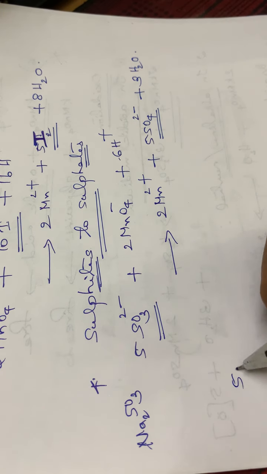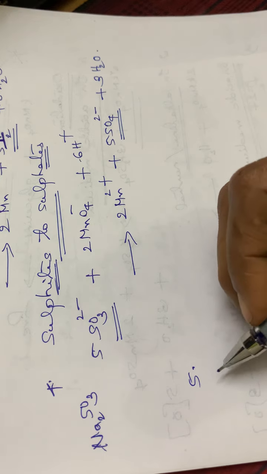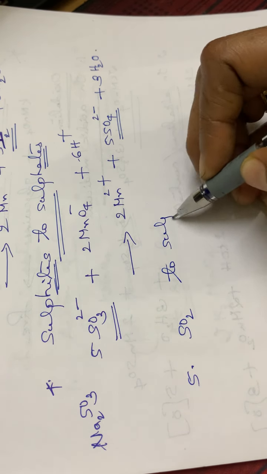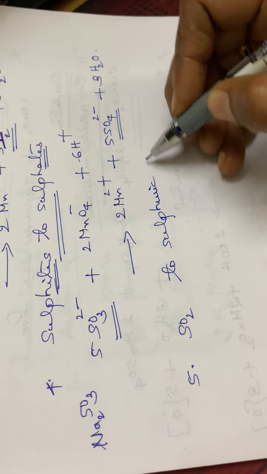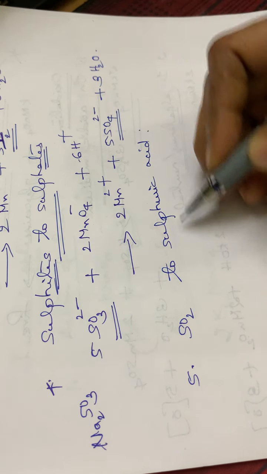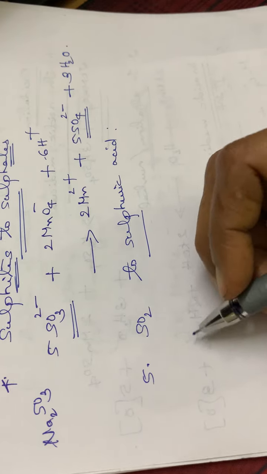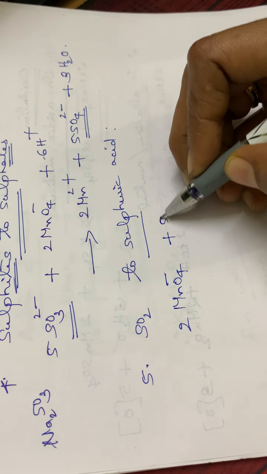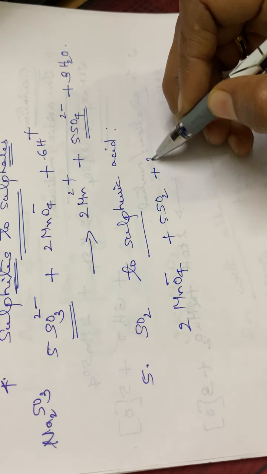Then the next reaction, the fifth reaction, oxidation of sulfur dioxide to sulfuric acid. See here again 2MnO4 minus plus 5SO2 plus 2H2O.